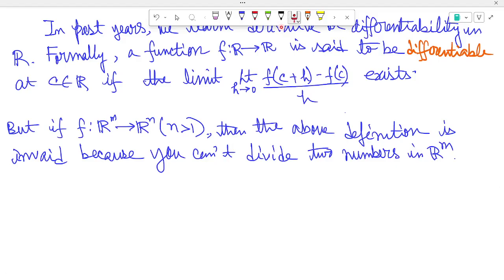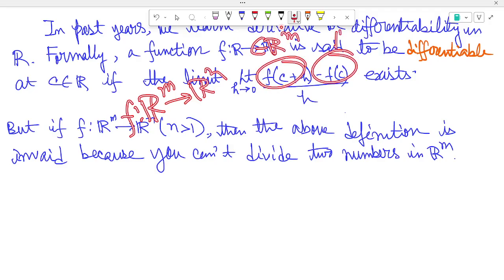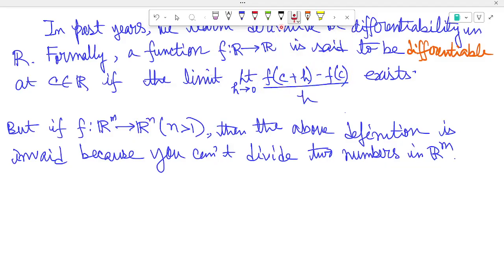I mean, if f is from Rm to Rn, then this is from Rn, this is also from Rn, and h tends to 0, I mean h is some element tending to theta, belongs to Rm, anything, I will define it.